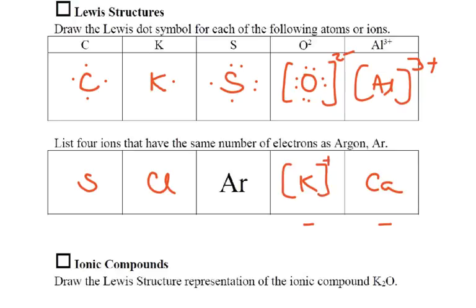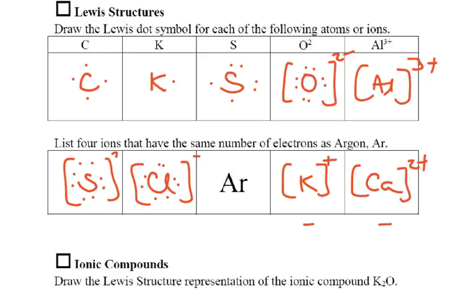But when they form a 1+ ion or a 2+ ion, those are going to have 18. Now the chloride normally has 7, but it gains 1 electron and has 18. And sulfur normally has 6, but it gains 2 electrons. So all of these ions and elements have 18 electrons, and we say that they are isoelectronic.